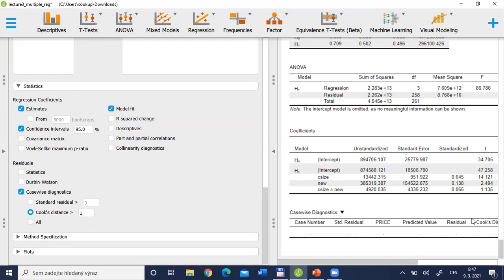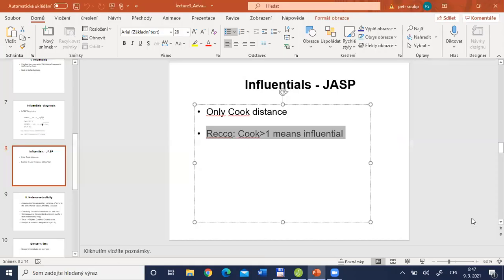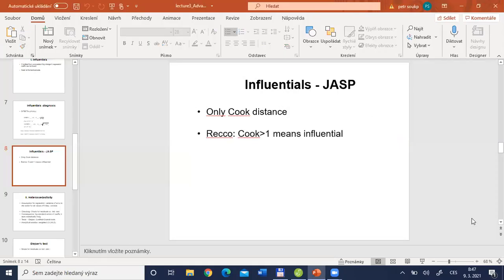The last discussion about influentials should be what we can do if we find influentials. Especially if you are interested in the relationships, meaning the individual coefficients between independents and the dependent variable, we should omit influentials from the data.